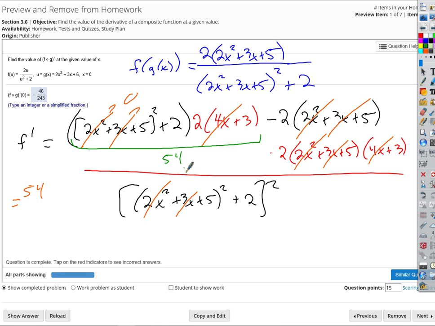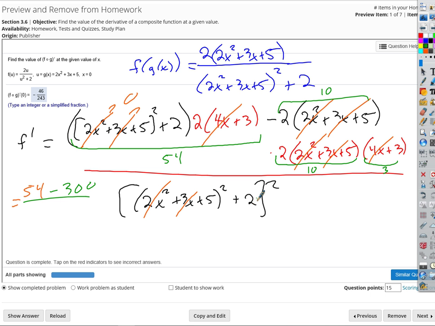This right here is going to be 10 times 10 times 3, so minus 300, divided by the bottom, which is 25 plus 2, which is 27 squared.